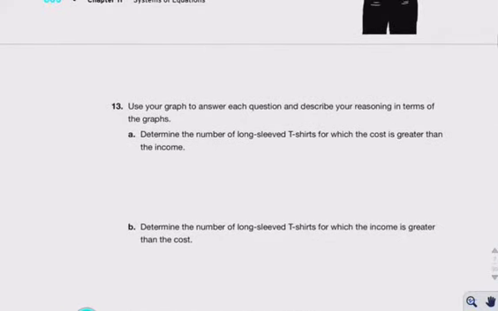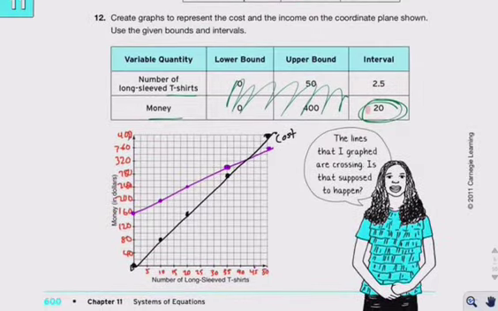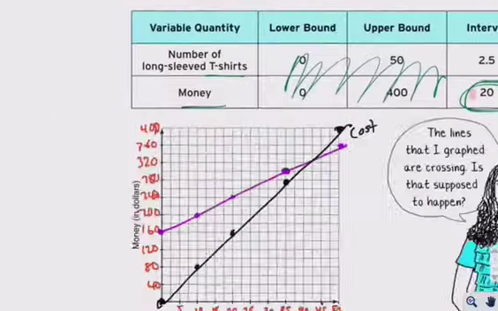Use your graph to answer each question. Describe your reasoning each time. Determine the number of long sleeve t-shirts for which the cost is greater than the income. When is the cost larger? Oh, that's a lot. Basically, the cost is more.